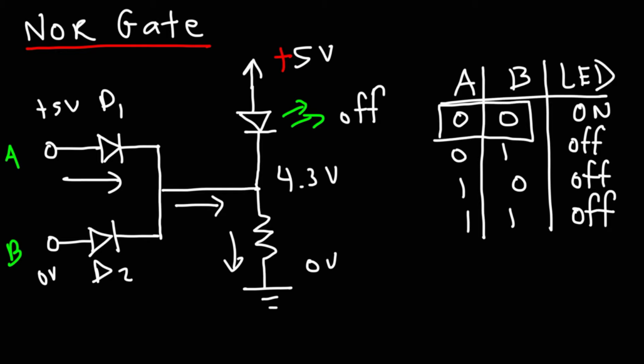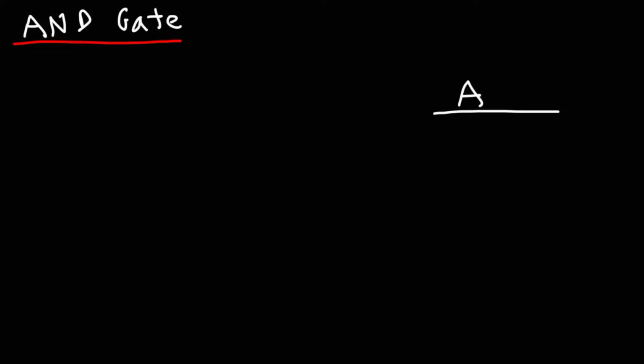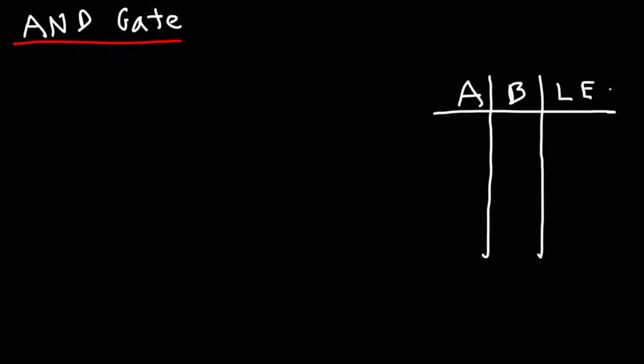And for the OR gate, if A and B are both 0, the LED is off. So those two are opposites to each other. Now the next type of diode logic gate that I'm going to talk about is the AND gate. The way I like to remember this one is that the only way the LED will be on is if both A and B are on.